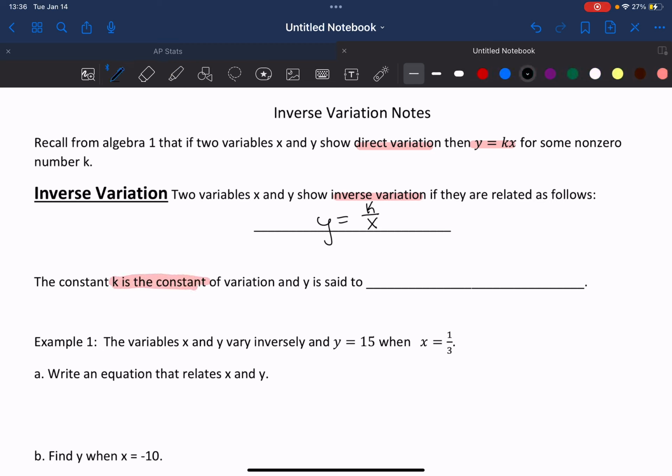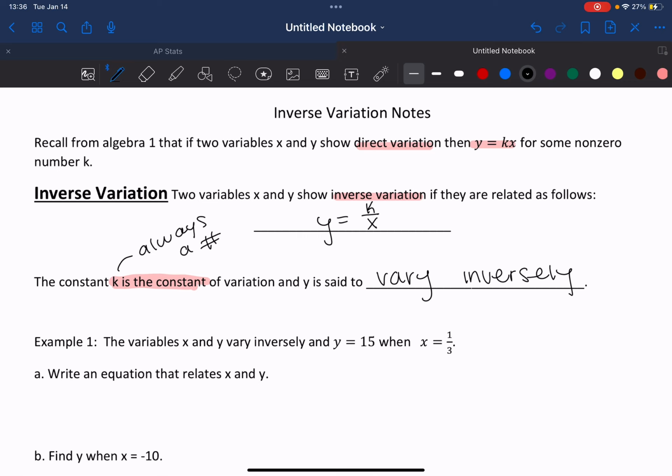And remember, a constant is always a number, whether that's 1, 2, 3, 4, 5, etc. If the constant is k of variation, then y is said to vary inversely. Okay.